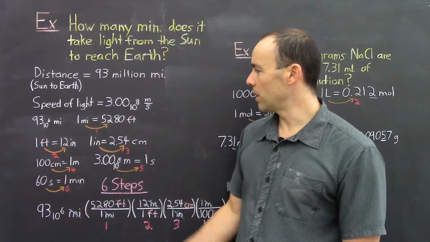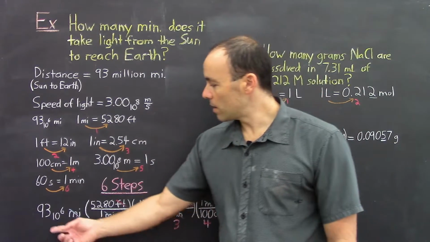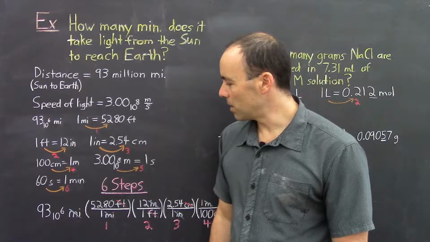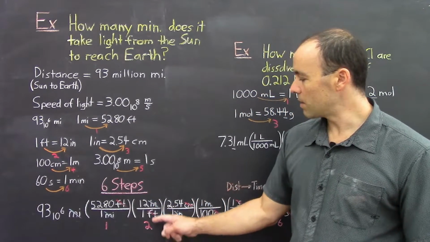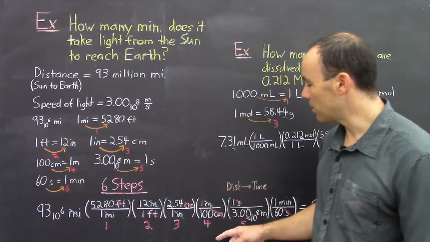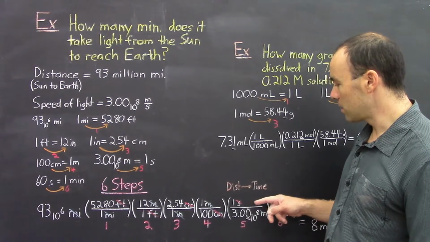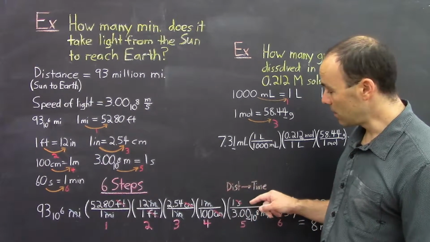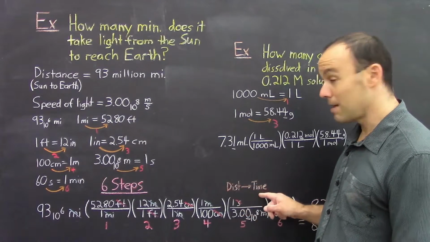So converting the relations into conversion factors. We start with distance, 93 million miles. Convert from miles to feet, feet to inches, inches to centimeters, centimeters to meters, meters to seconds using the speed of light. Now notice here we convert from distance units to time units.